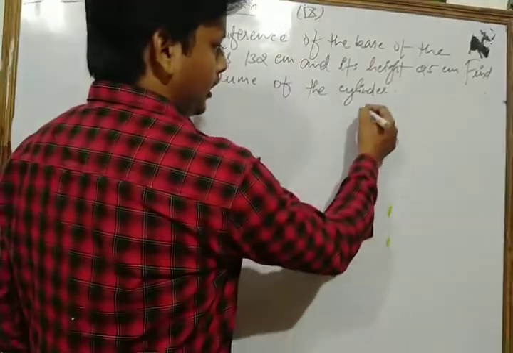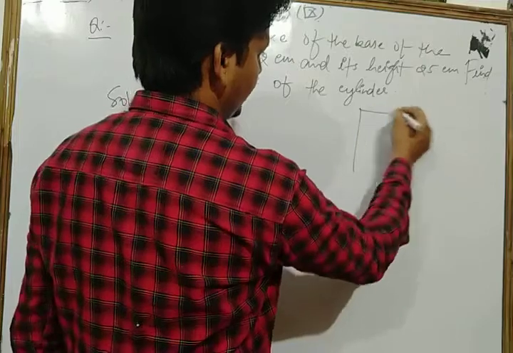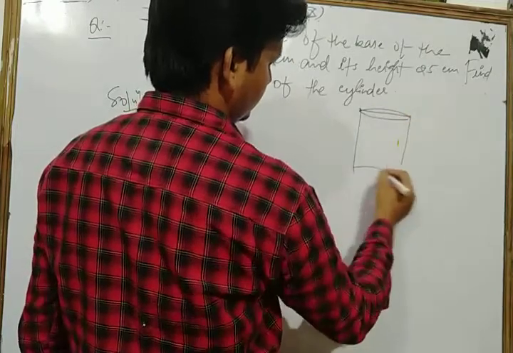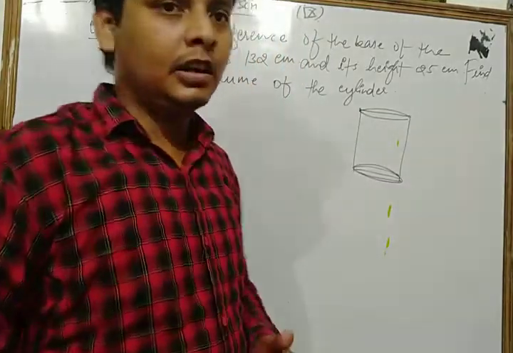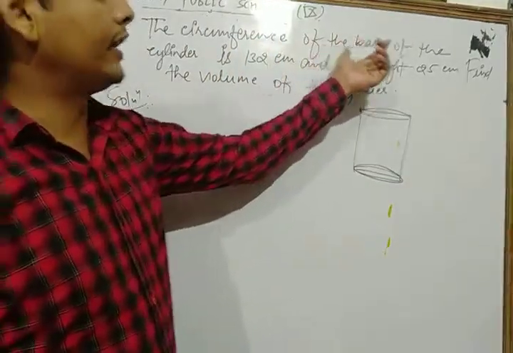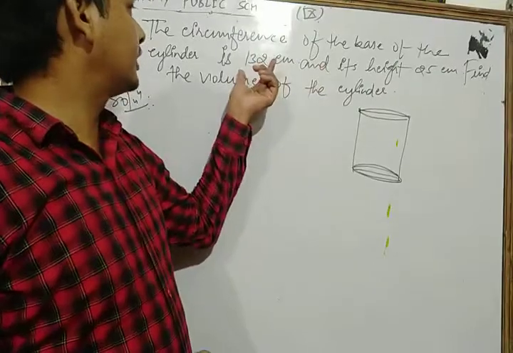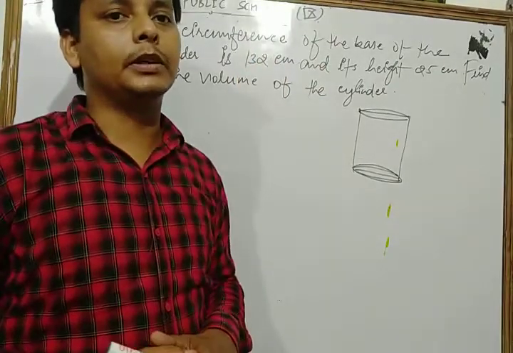We know the shape of the cylinder is like this, and the base of the cylinder is in the form of a circle, and here the circumference of the base of the cylinder is 132 centimeter.